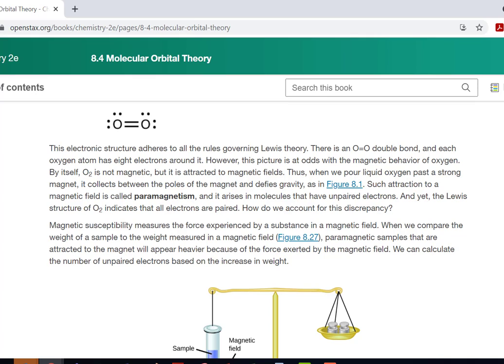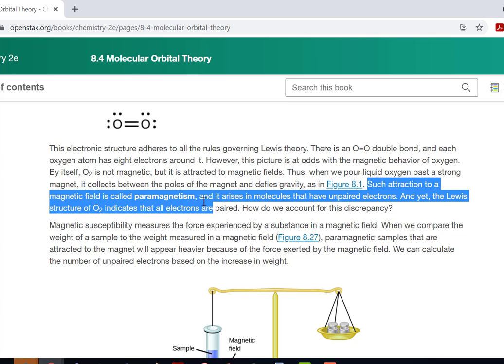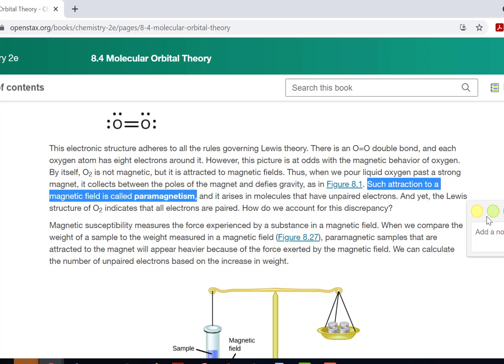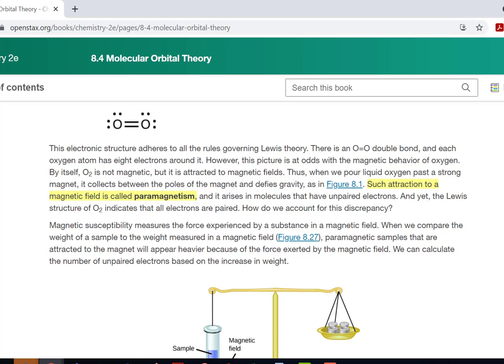The type of magnetism that we're talking about here is the type that you typically think of, which is that something is attracted to a magnetic field. And that is technically called paramagnetism. So let's go ahead and highlight that. Something attracted to a magnetic field is paramagnetic.